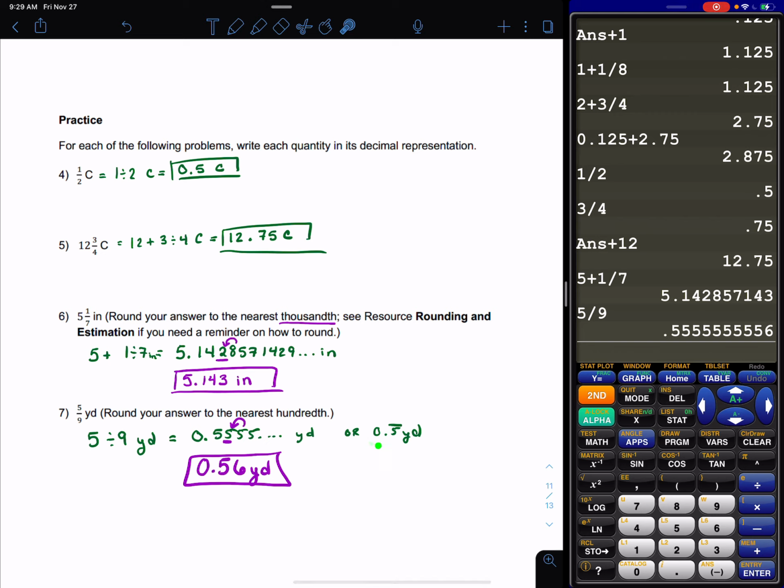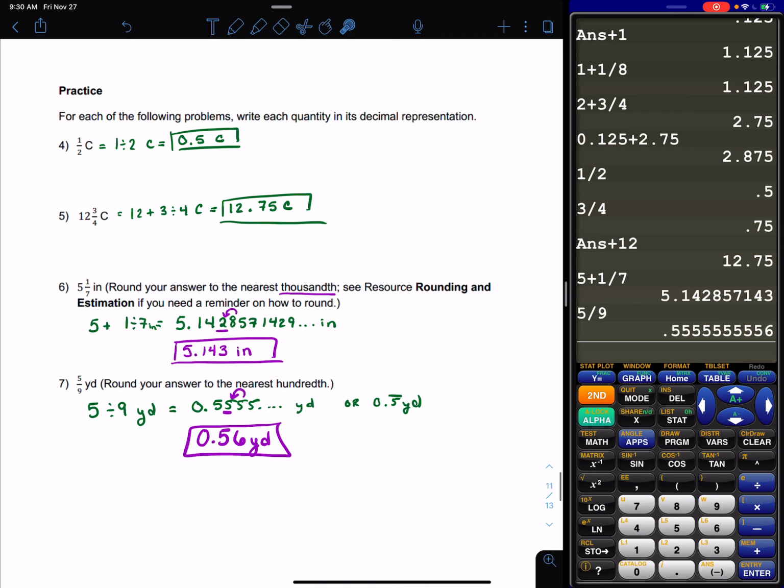So one way to write that, if we weren't rounding it, would be to write it as 0.5 with this bar on top of it to tell us that the 5 is repeating. But it helps to write out all those 5s for rounding. We want to round it to the nearest hundredth, which is the second digit after the decimal point. The 5 tells us to bump it up, so it's going to be 0.56 yards, or 56/100ths of a yard.